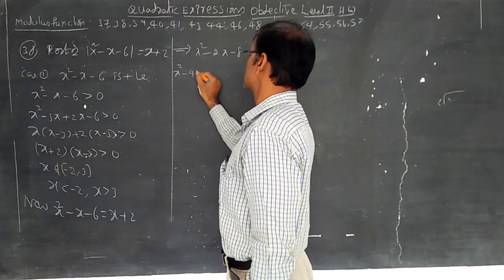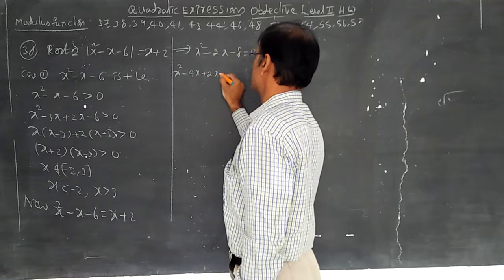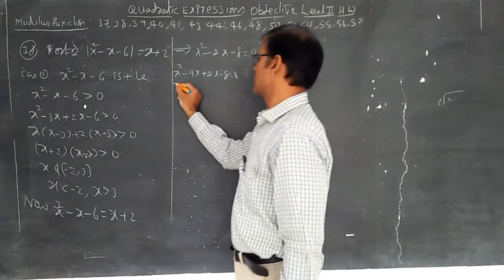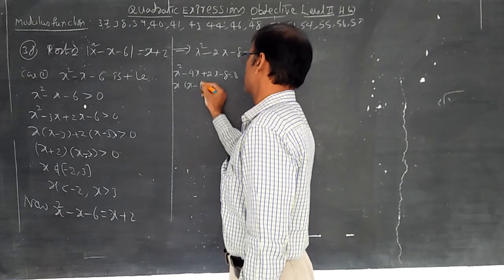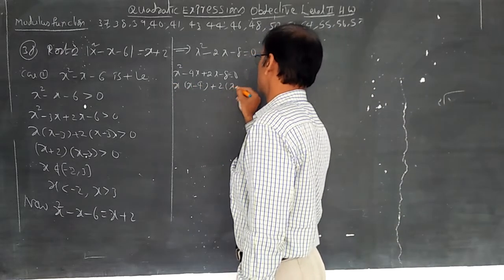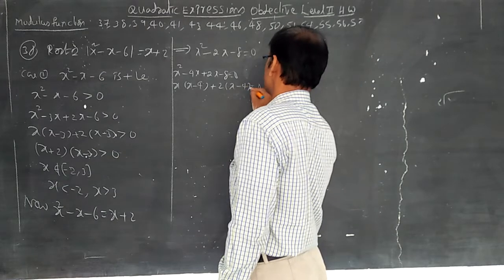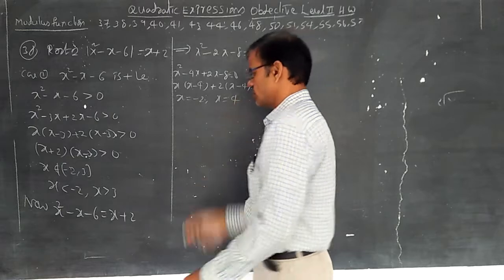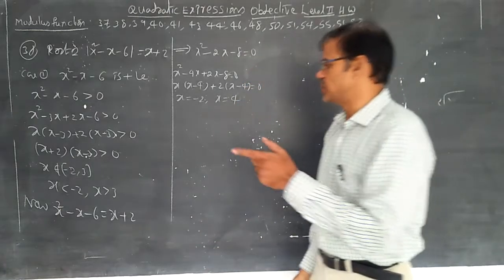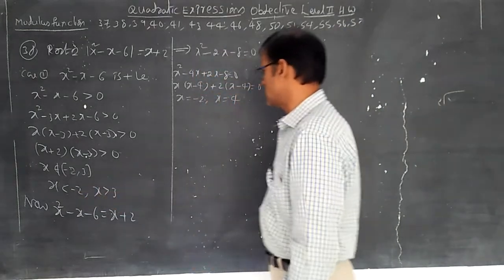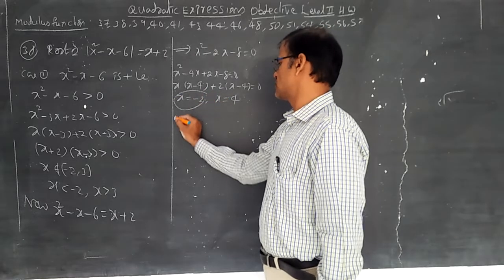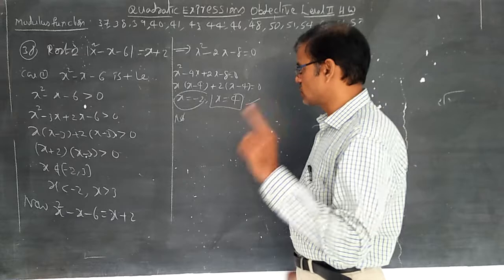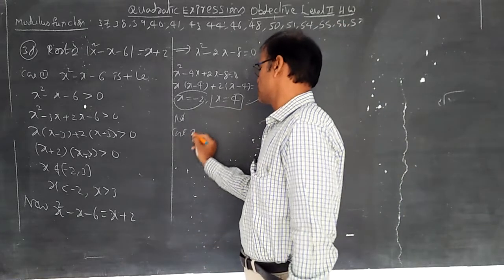Now you can write x square minus 4x plus 2x minus 8 equal to 0. x taken common, x minus 4 plus 2 taken common, x minus 4 equal to 0. So x is equal to minus 2, x is equal to 4. The value should be less than minus 2 or greater than 3, so minus 2 you should not consider. This is no, this is yes. x is equal to 4 we got.